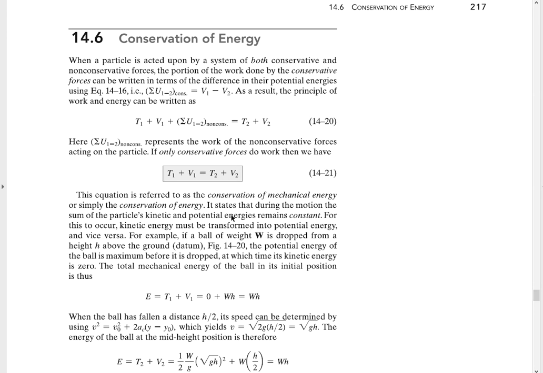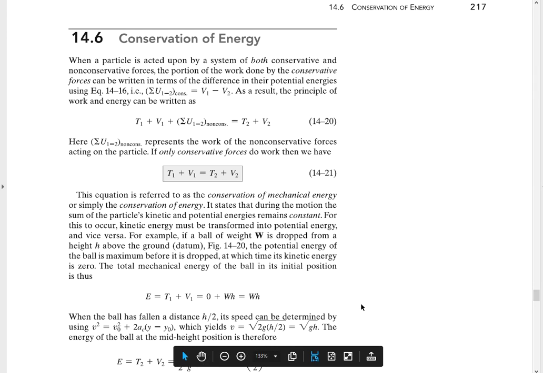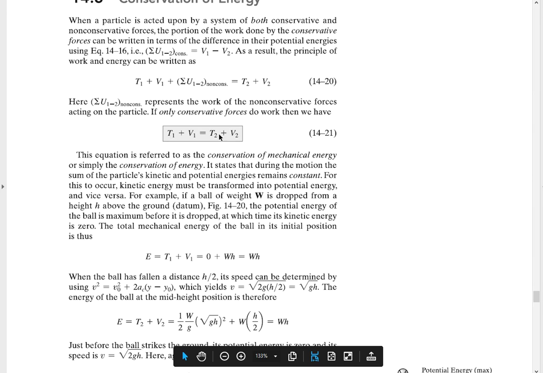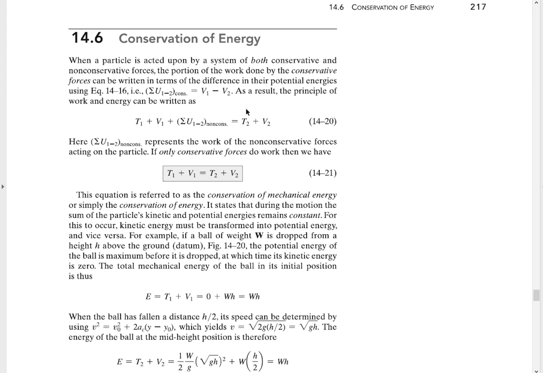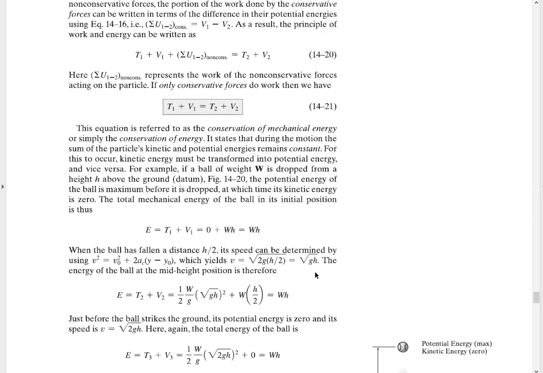Okay, and this is conservation of mechanical energy, or conservation of energy. You can have an exchange between kinetic and potential energy, but the balance of the sum of the two, kinetic energy and potential energy, remains unchanged if we don't have non-conservative forces acting.